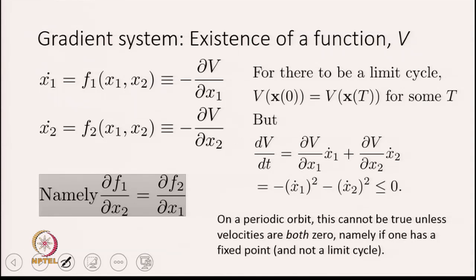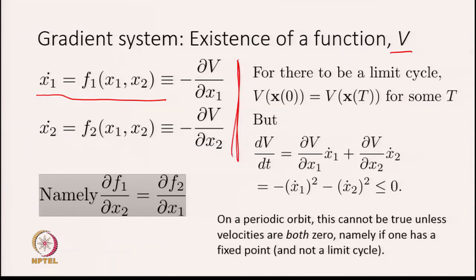A gradient system is one where there is a function v such that the equations of motion, namely x1 dot is equal to f1 of x1 x2 and x2 dot is f2 of x1 and x2, can be written as the gradient of some other function.